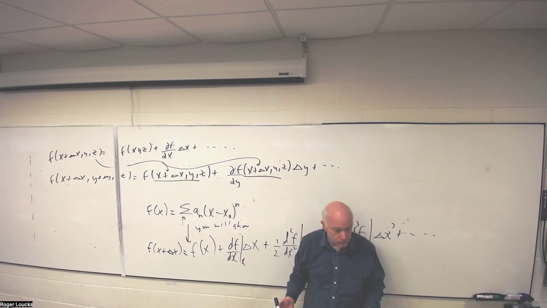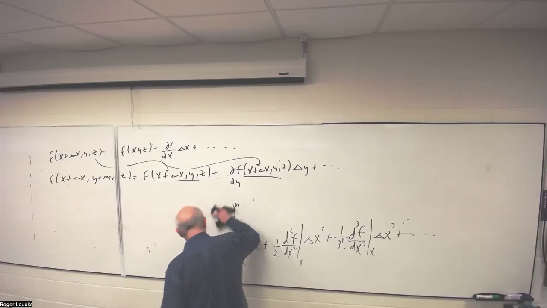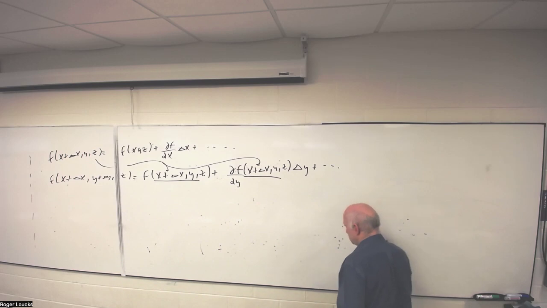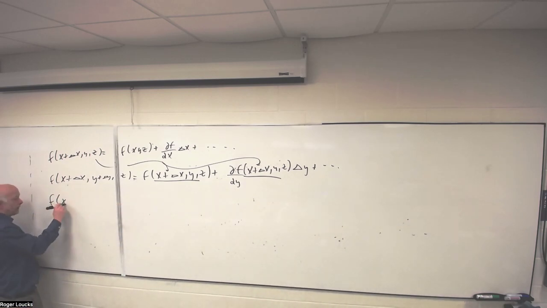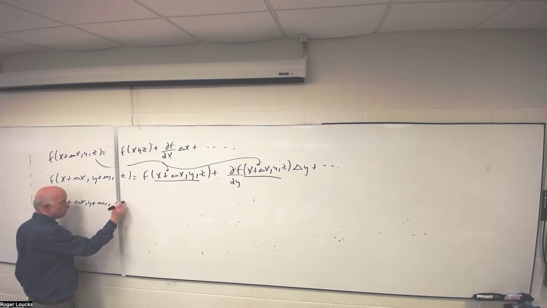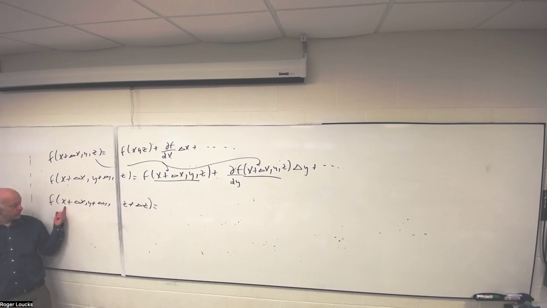Then what did we do? The same thing for z. And what did we do with this? We treated the x plus delta x and the y plus delta y as some fixed thing, like a new x and new y.